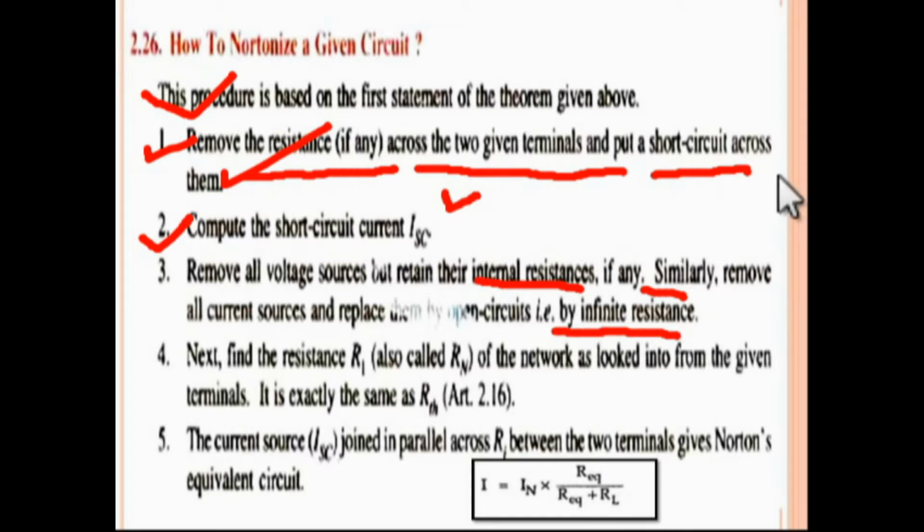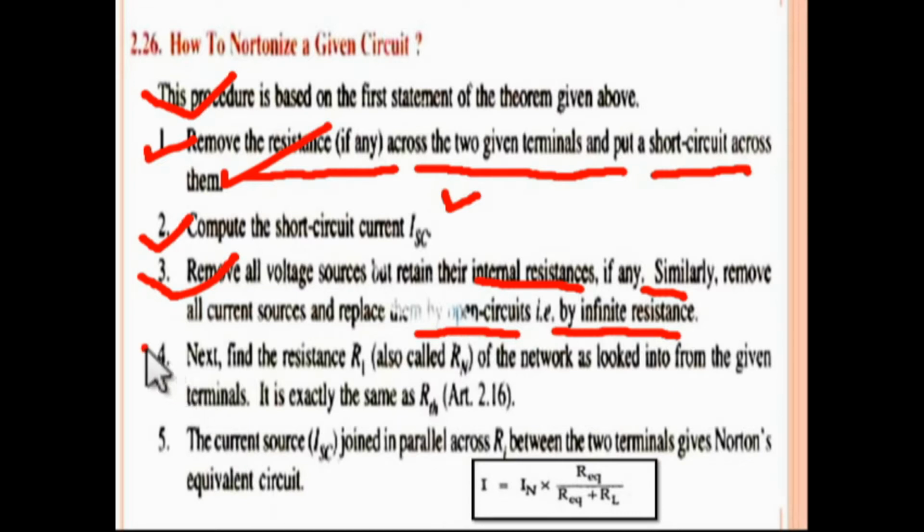You know the ideal voltage source has internal resistance 0 and the ideal current source has internal resistance infinite. So a voltage source will be replaced by a short circuit, 0 resistance, and a current source will be replaced by an open circuited terminal, because its internal resistance is infinite.